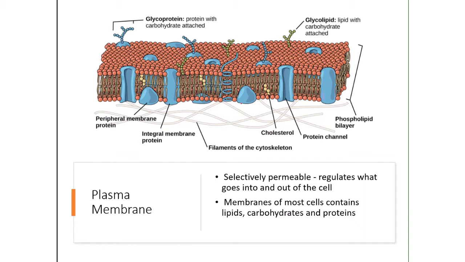In addition to the proteins, there are also going to be some lipids, right? We know that phospholipids make up the cell membrane. There are other lipids such as cholesterol. There are also going to be some carbohydrates, which are shown here in these blue chains.